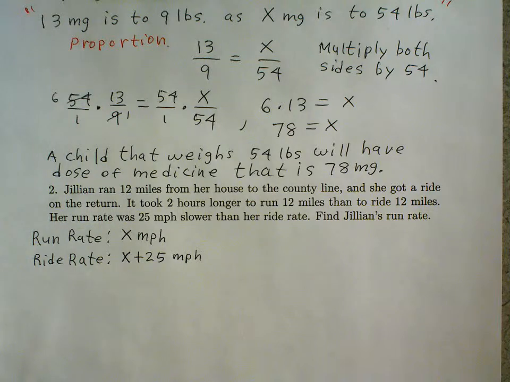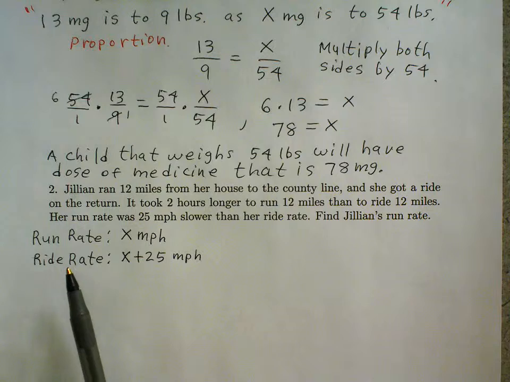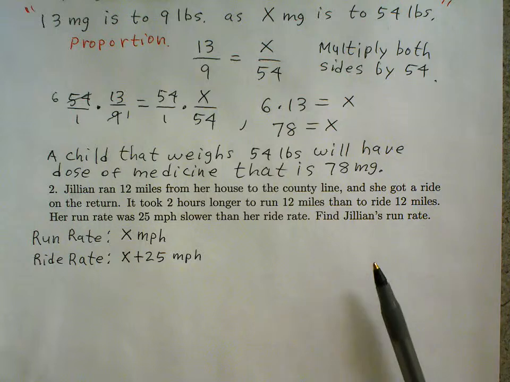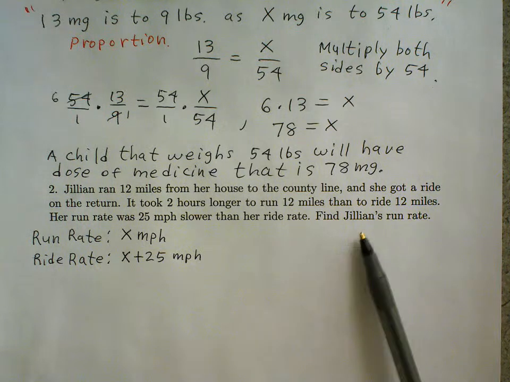Okay, so we're going to write down two equations. Each of them will have the form rate times time equals distance. One of the equations will represent Jillian running to the county line, so rate times time equals distance running to the county line.